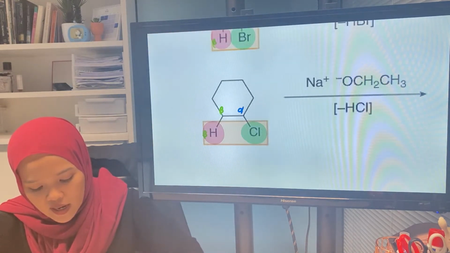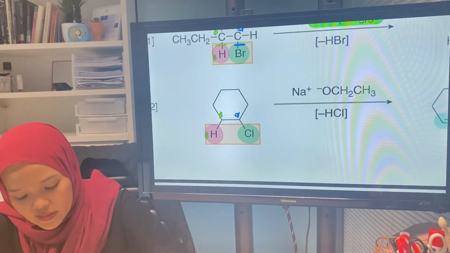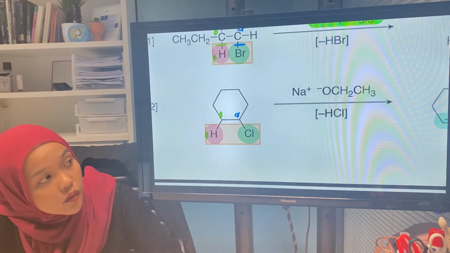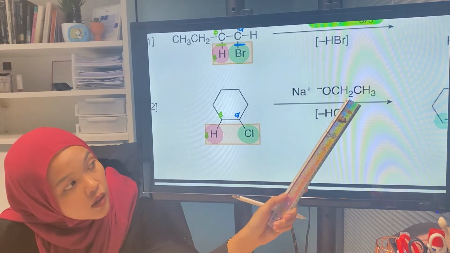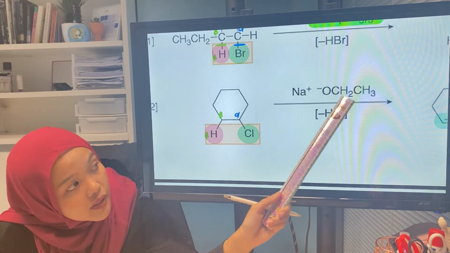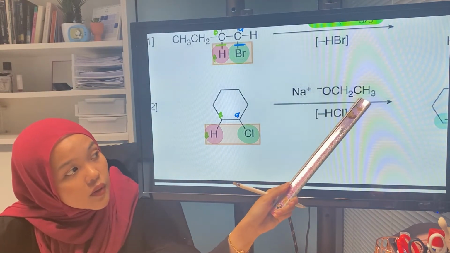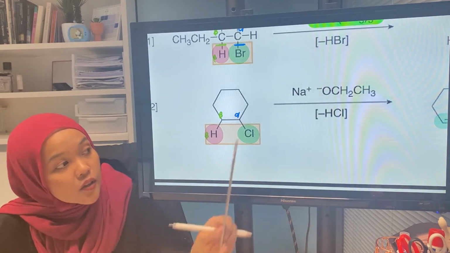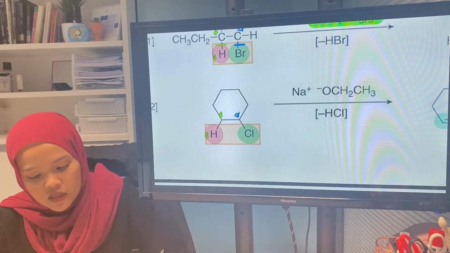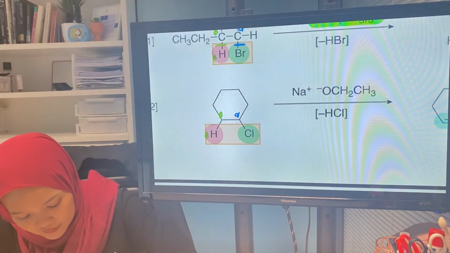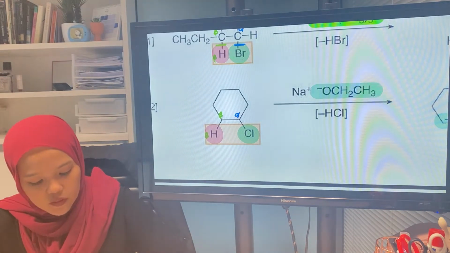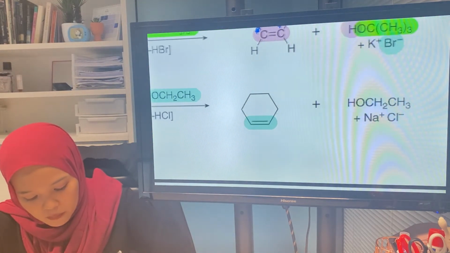Now this is your reagent, sodium ethoxide. With this ethoxide, we just want to take the anion because this is an ionic compound. So it is going to combine.